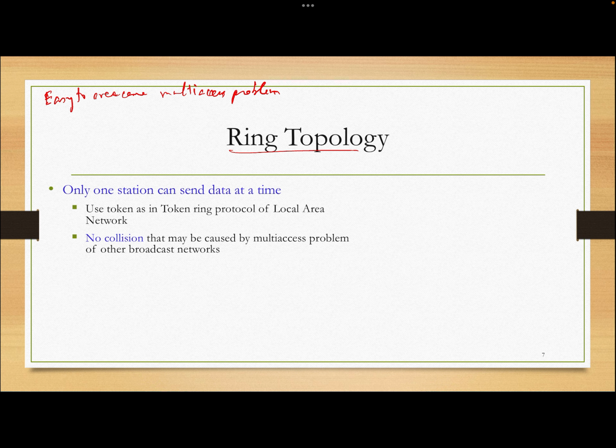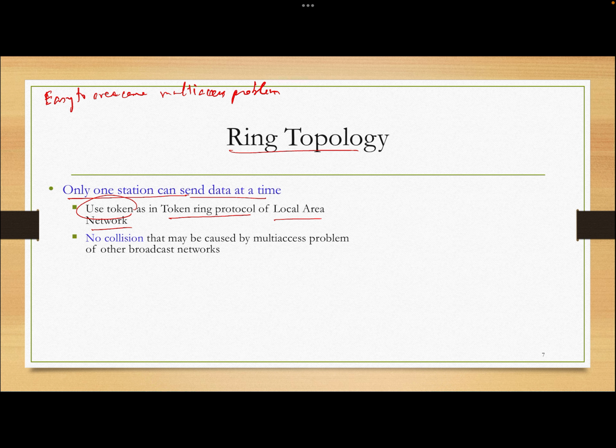If you want only one station to send at a time, you use one token, as in the token ring protocol of the local area network. This is an old standard of the local area network that uses ring topology.